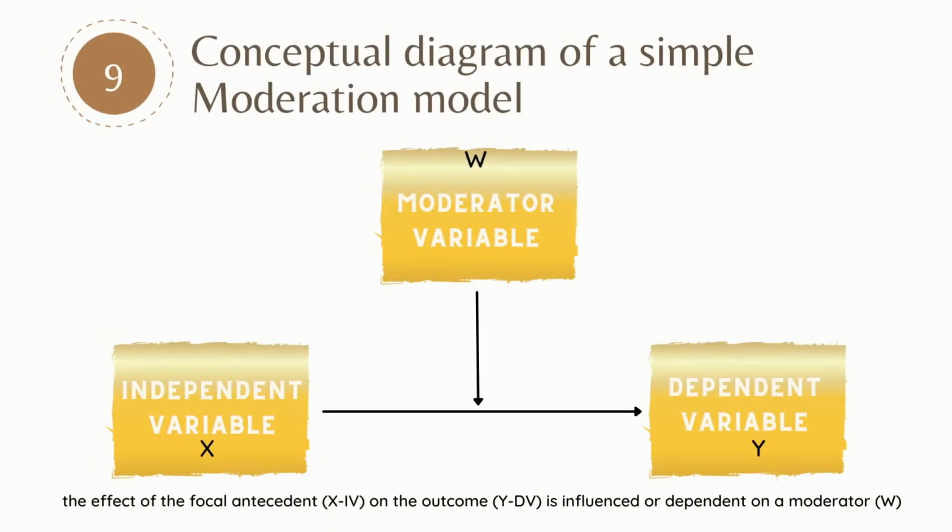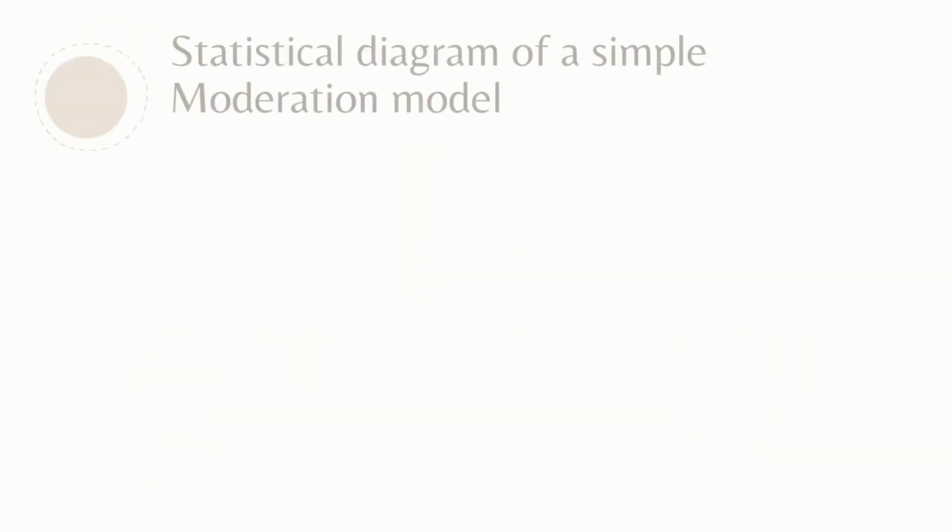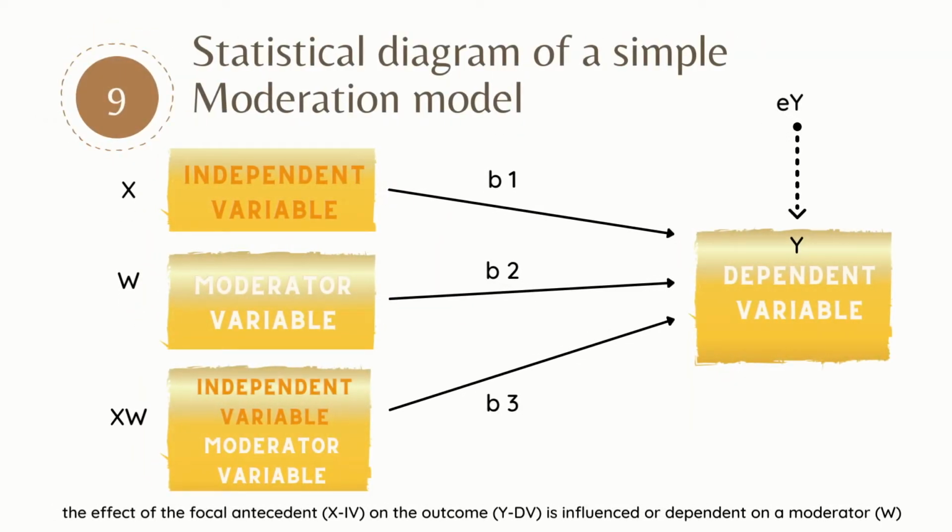We can look at it conceptually by looking at the effect of the independent variable on the outcome or the dependent variable, and how it's influenced by, or dependent on, the moderator. When we speak of moderation, we usually call the first predictor an independent variable and the second the moderator.